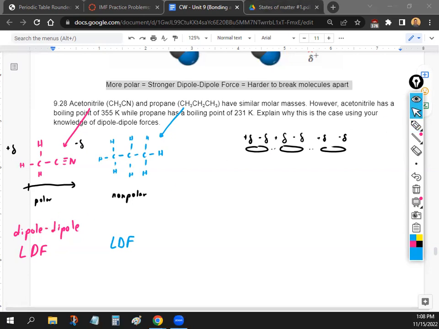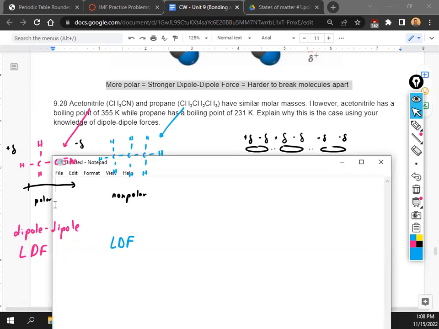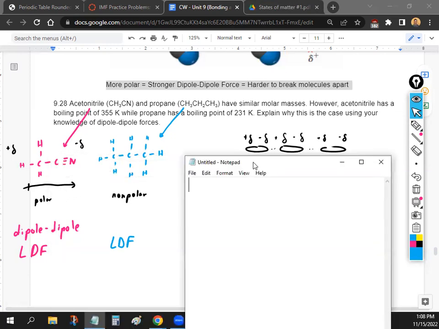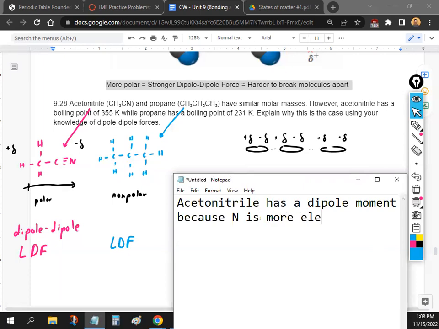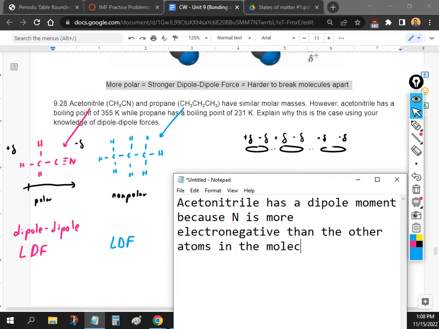All right, so if we wrote that as an FRQ style answer, you could write: acetonitrile has a dipole moment because nitrogen is more electronegative than the other atoms in the molecule.